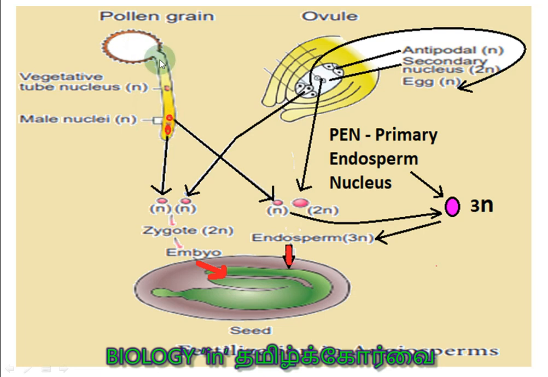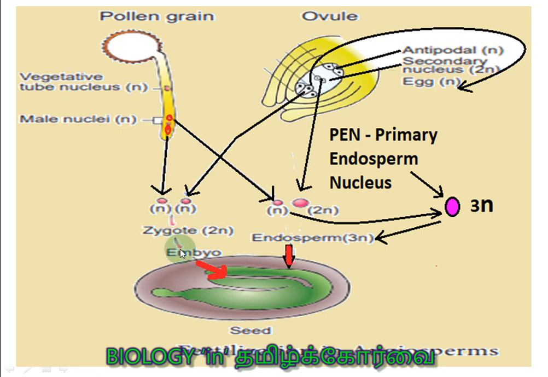So here you can see the pollen tube. Pollen tube carries 2 male gametes. So one male gamete fertilizes the egg. So zygote is formed, which develops into embryo. This embryo only grows when the seed is germinating. So the embryonic development takes place from the zygote.